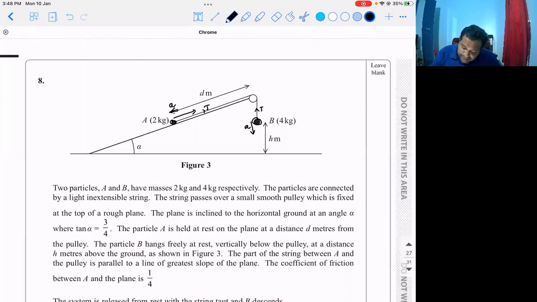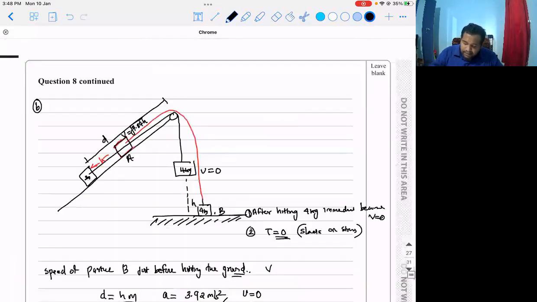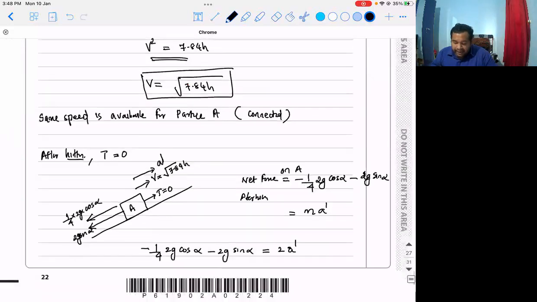D should be at least 1.5 h, because we have to accommodate h, since A is a particle that is traveling not only h distance, but additionally 0.5 h. That means it is already traveling 1.5 h, but still there is some distance after that to the pulley. So that means d must be greater than, did you get my logic? So we got the idea, right?